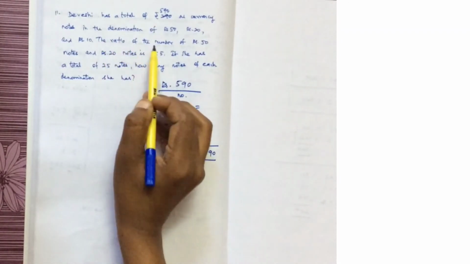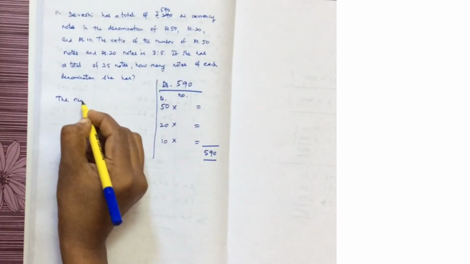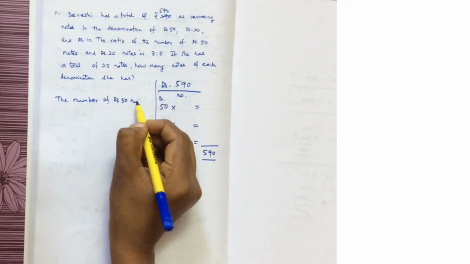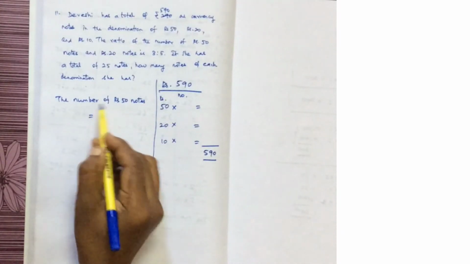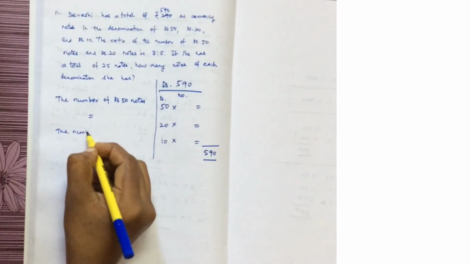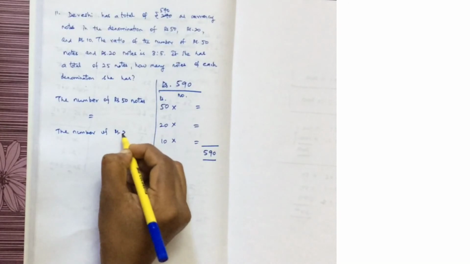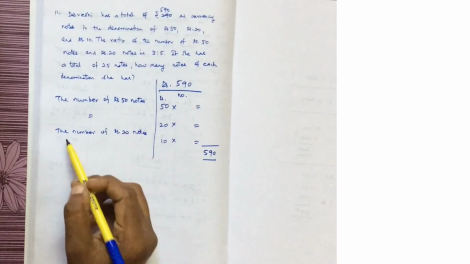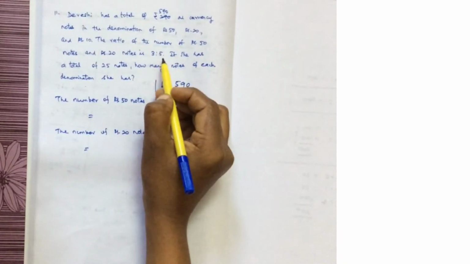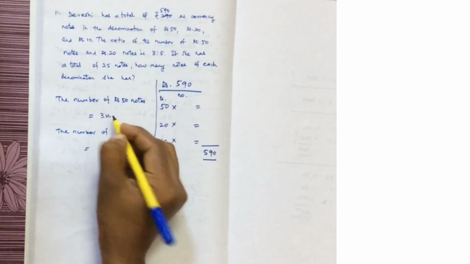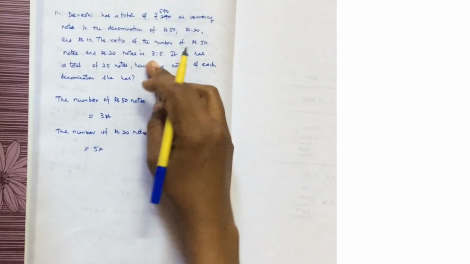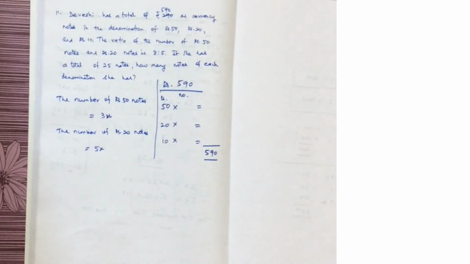So the number of 50 rupee notes and the number of 20 rupee notes are in the ratio of 3:5, so the original number is 3x and 5x.